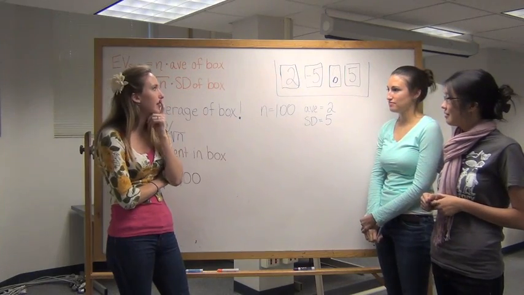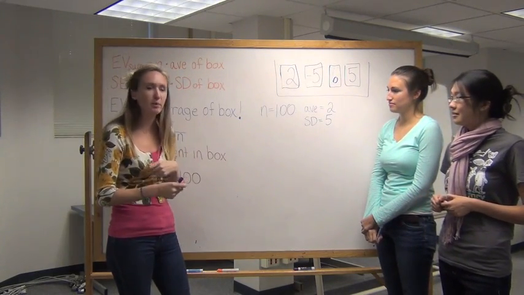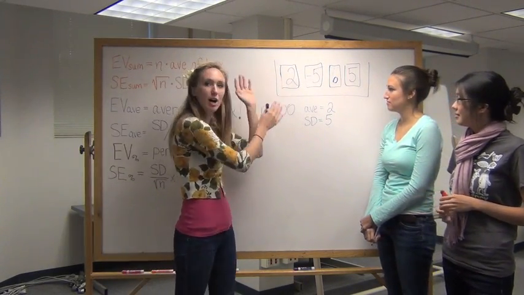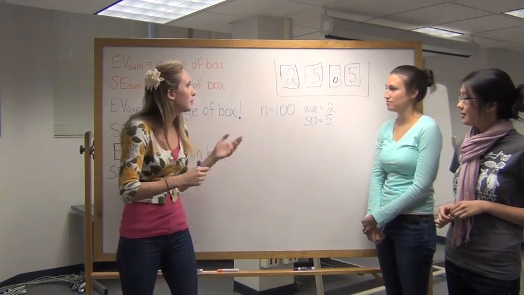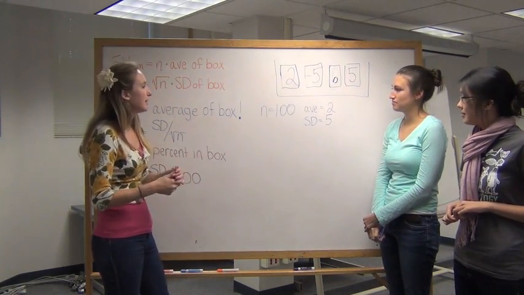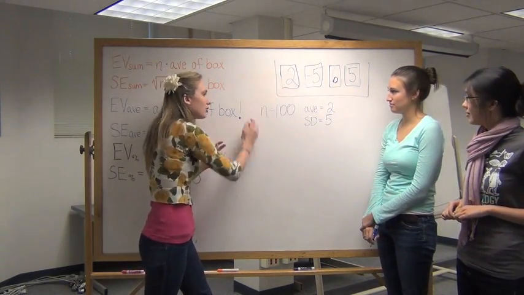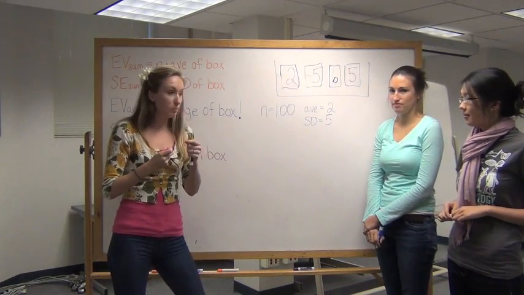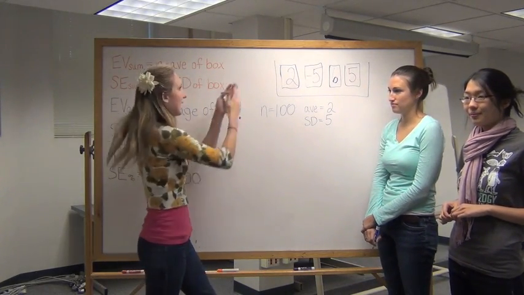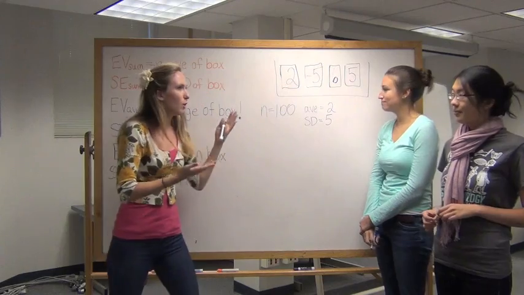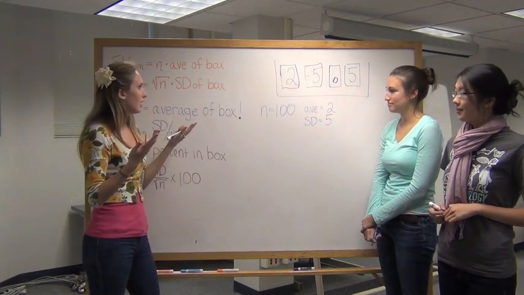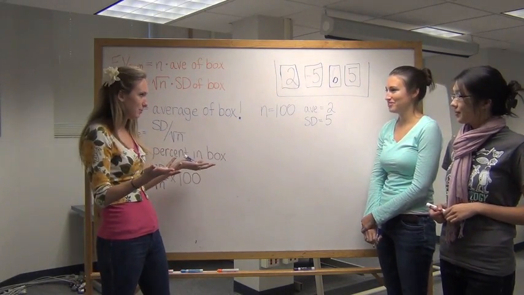I agree. I think that for each pull, we'd get a pretty fair representation of the contents of the box. So it would be a likely assumption that the average of these 100 pulls would correspond quite nicely with just the average of that box, right? It seems like there's not even a formula for this.